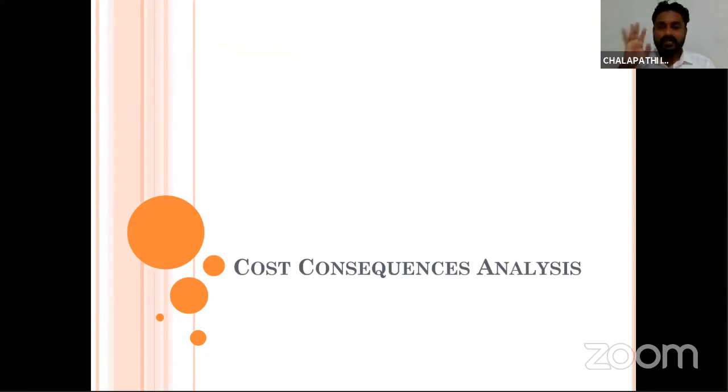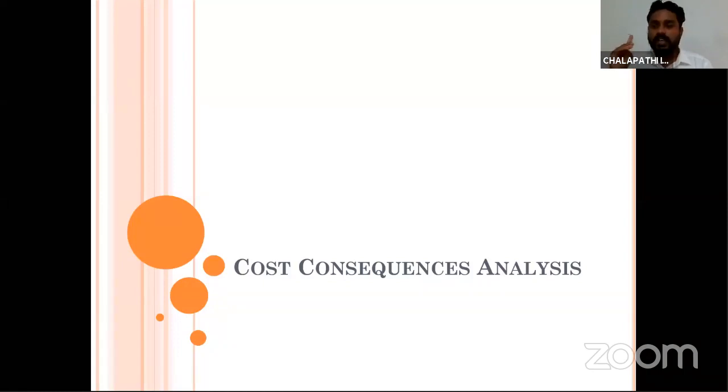Now, I have explained all the measures for clinical or pharmacoeconomic evaluation. First is cost minimization, where both drugs are considered to have the same benefit or same effect, with a difference only in terms of cost. Second, cost effectiveness, where the outcome is calculated in terms of clinical outcomes and we calculate the ICER.